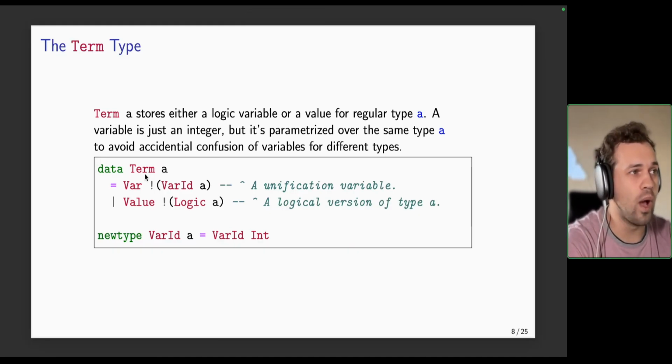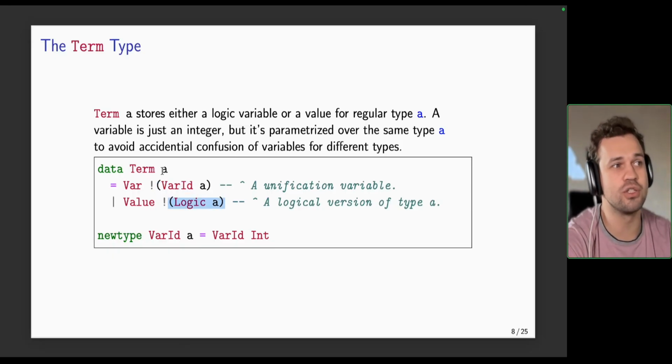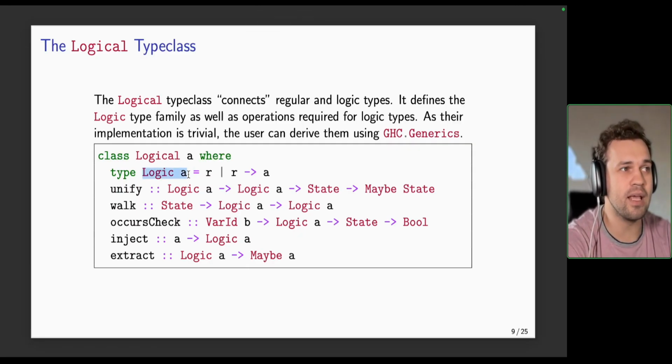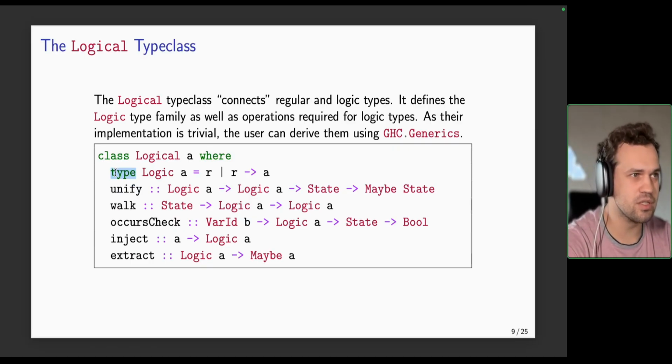So Term is essentially described as a sum type, where it is either a unification variable or the logical counterpart of the original type A. The logical counterpart comes from an associated type family from the Logical type class, and we demand that from this logical type family we can uniquely determine which type it originated from. This is not a data family for technical reasons, but this is one of the design choices that we've made.